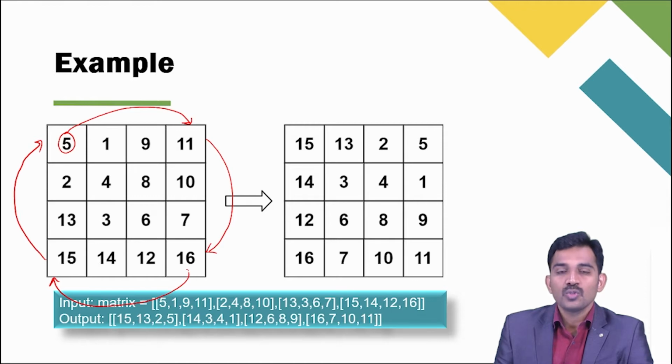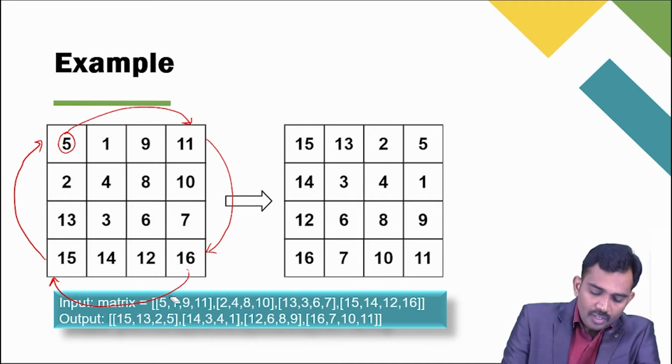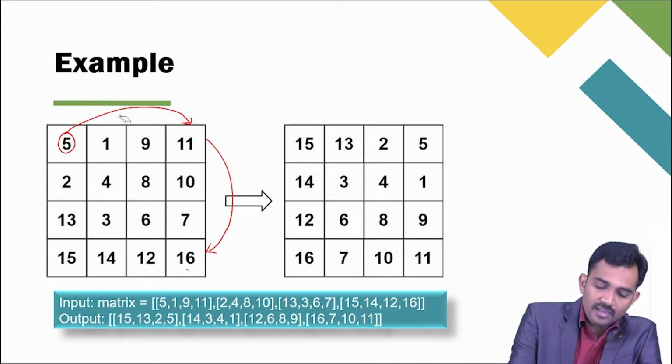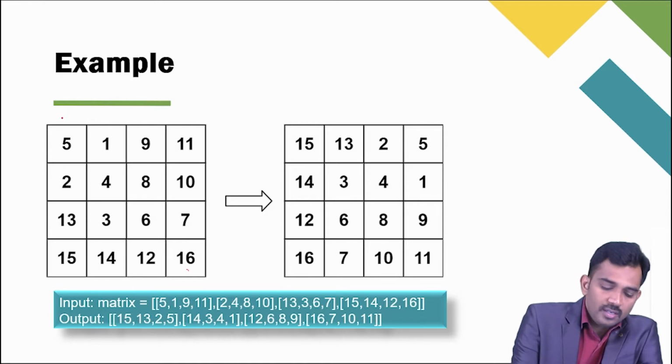Then how to solve this problem? Observe clearly here. If you see the indexes, it is 00, 01, 02 and 03, right?